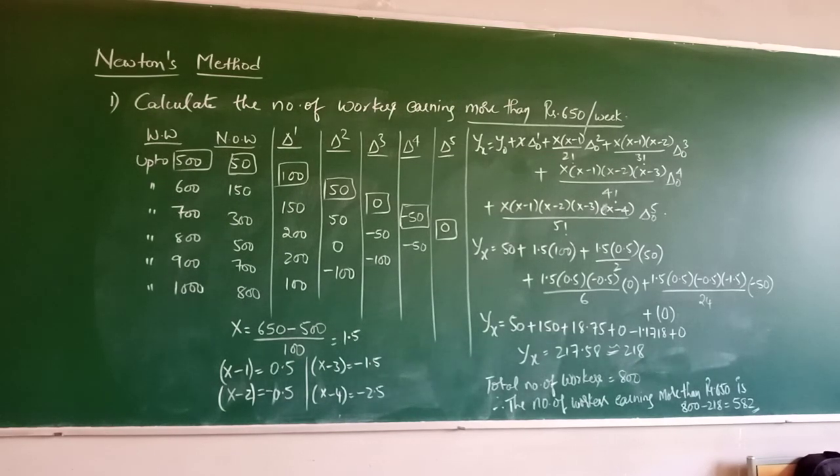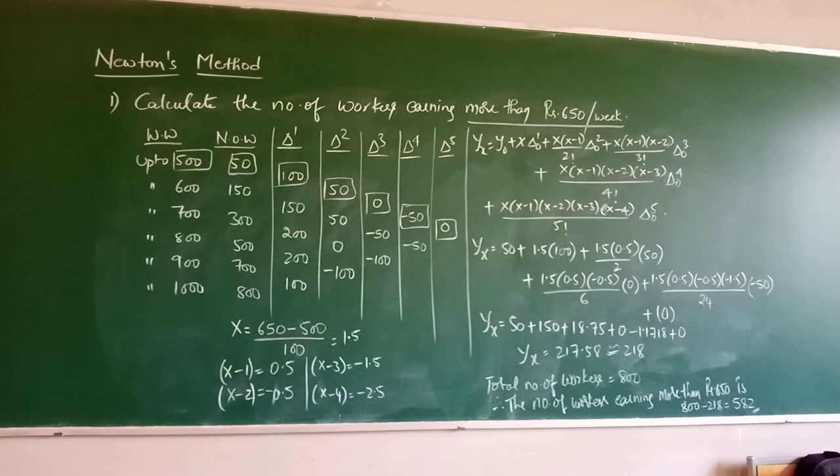Let us calculate the problem for less than only. So 650 minus 500 divided by the common difference 100 equals 1.5. Up to x minus 4 we need x minus 1, x minus 2, x minus 3, x minus 4. Calculate all those. X is 1.5. So x minus 1 is 0.5, x minus 2 is minus 0.5, x minus 3 is minus 1.5, x minus 4 is minus 2.5.